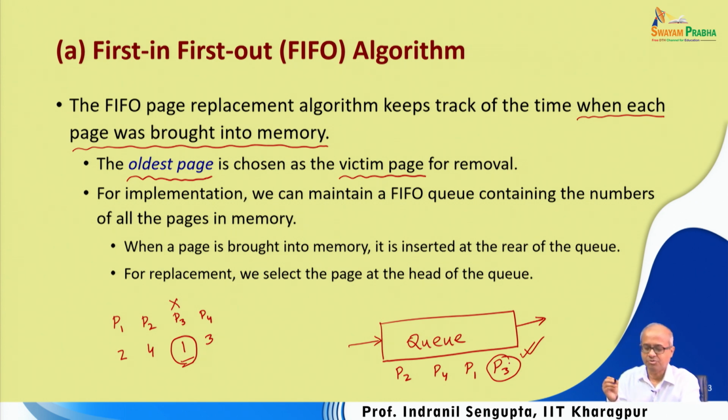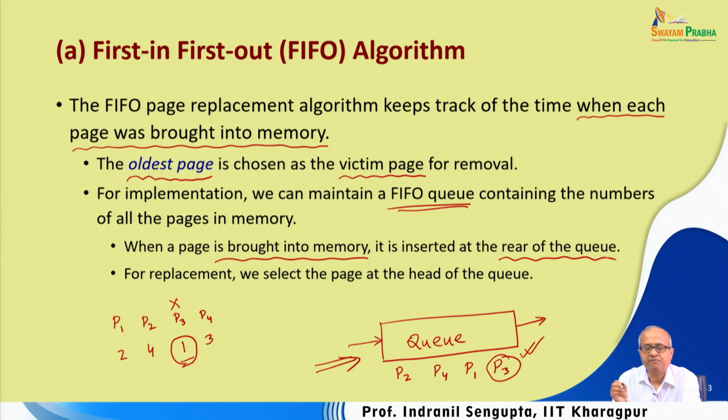As I said, for implementation we can maintain a FIFO queue. You can have a hardware queue, or you can implement it in software, and software is justified because you have to invoke this only when there is a page fault, and a page fault itself, due to page copying and replacement, will take a long time. So, you can afford to implement it in software also. When a page is first brought into memory, it is inserted at the rear of the queue.